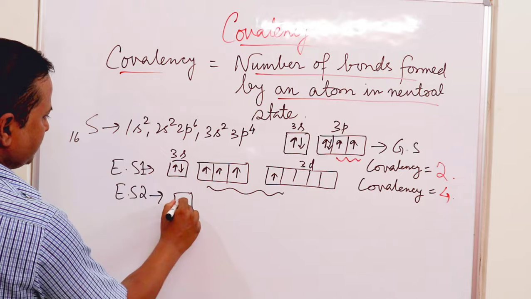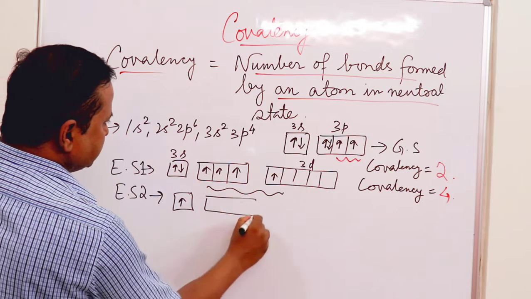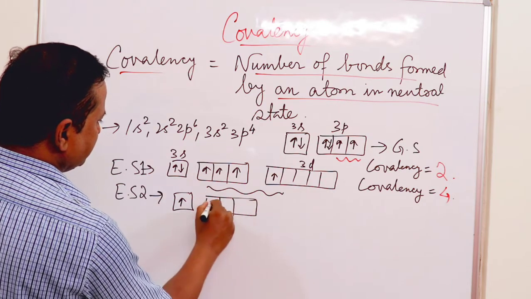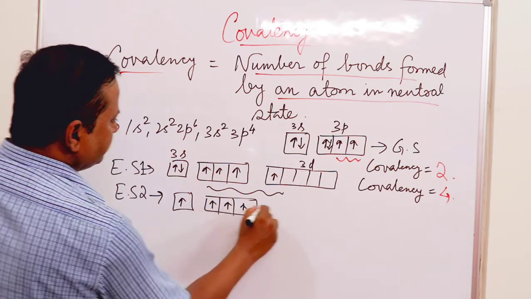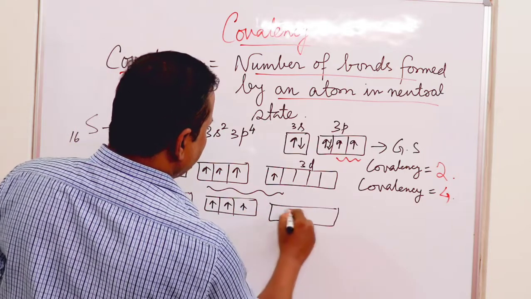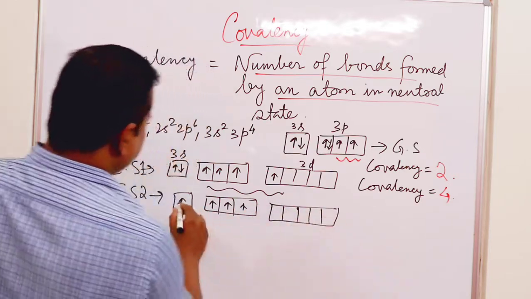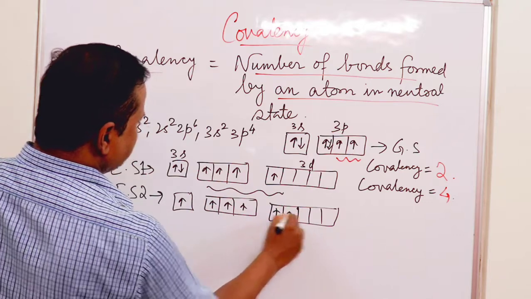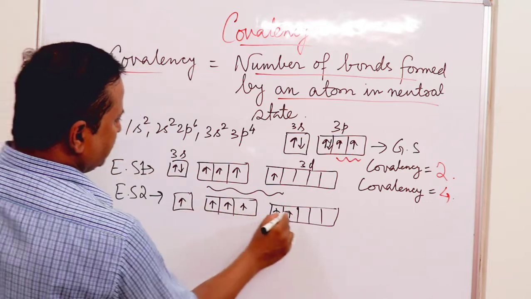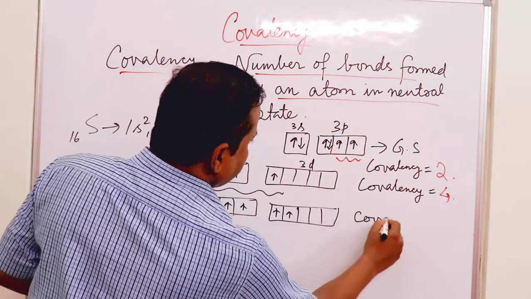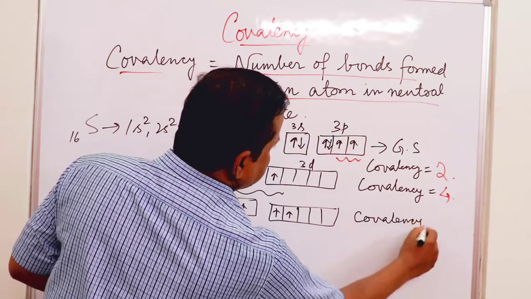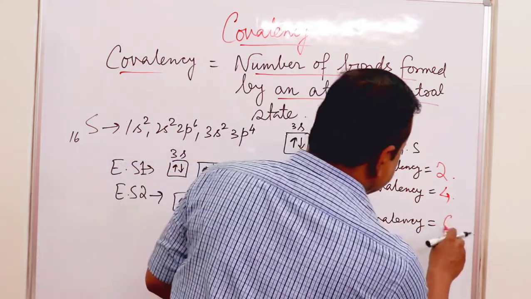So this one also can move on to the next vacant orbital and give sulfur a covalency of 1, 2. So 1, 2, 3, 4, 5, 6. So here covalency of sulfur is 6.